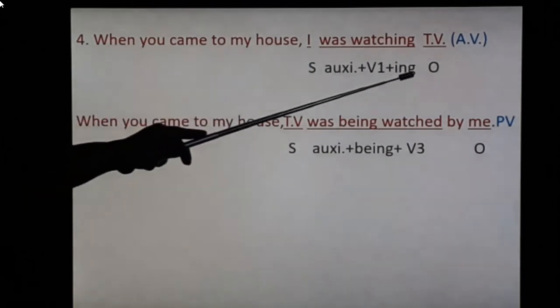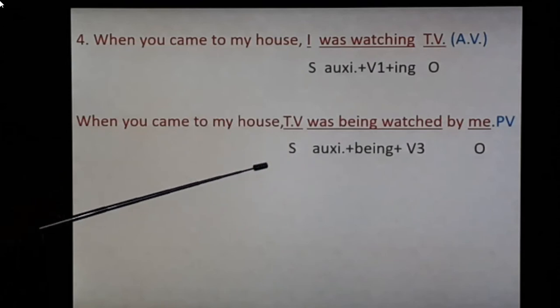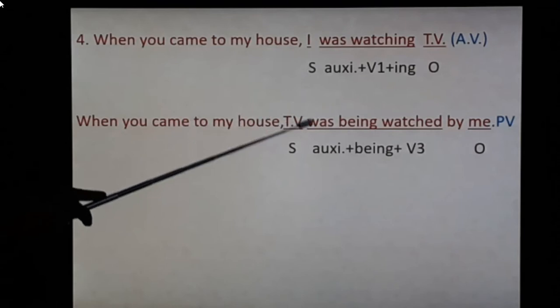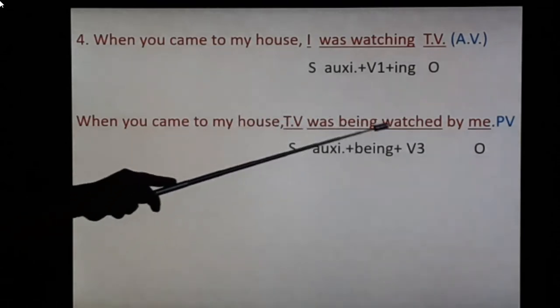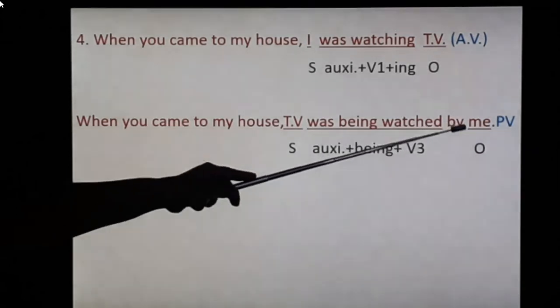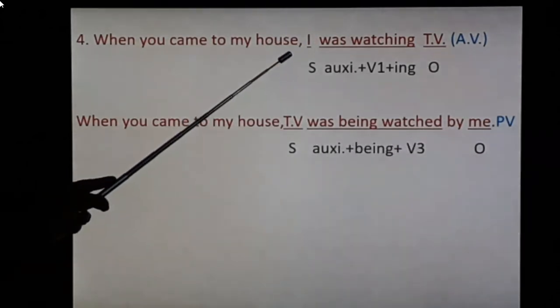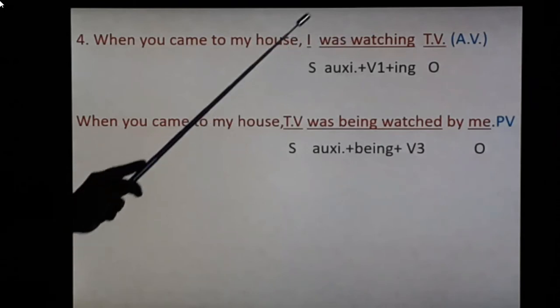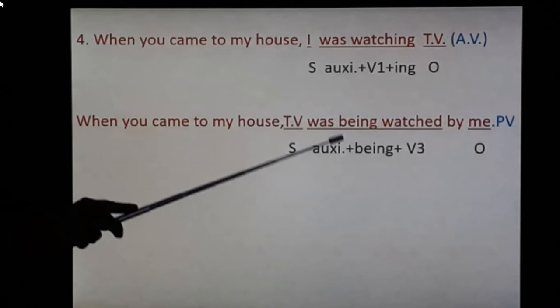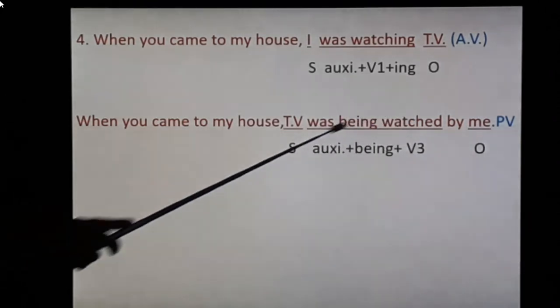TV, object in active voice, becomes a subject in passive. So TV. After that, according to TV was, then being, then V3 form of the main verb, and then by me. So here I is given as subject in active voice, becomes object in passive voice. So I, me. So TV was being watched by me. This is passive voice.